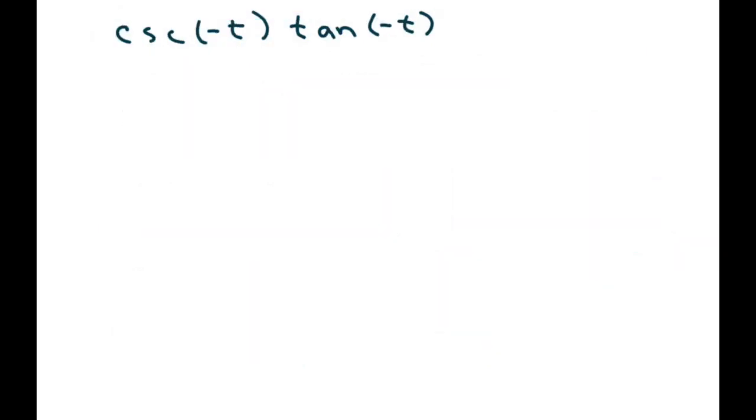Now this one, again, I'm going to use my even odd properties. They're both odd. So if I pull out a negative here, and I pull out this negative here, I have two negatives. That makes a positive. So what I'm left with is cosecant of t times tan of t.